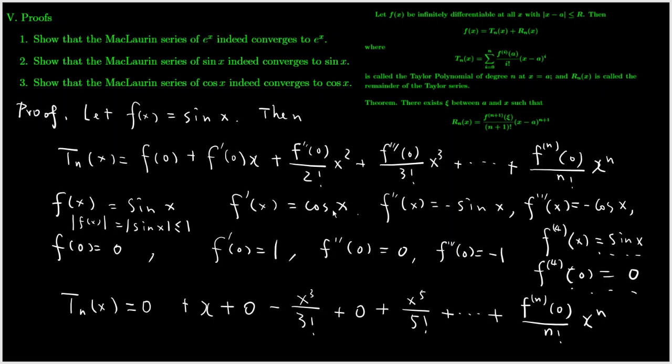So the absolute value of the derivative is equal to the absolute value of cos of x, which is always less than or equal to 1. I said always, by that I mean for any value of x, the derivative of the function is less than or equal to 1.